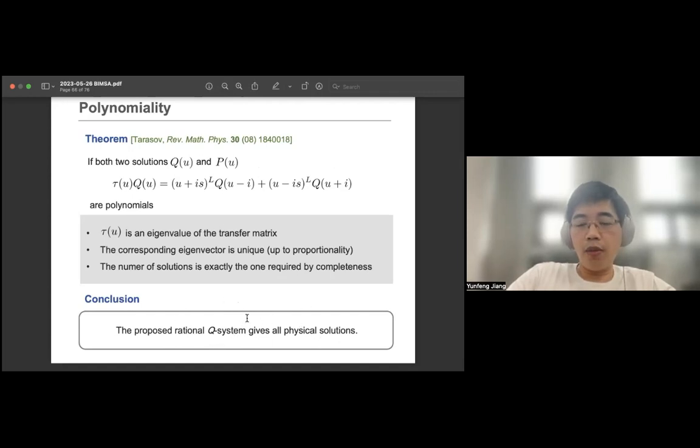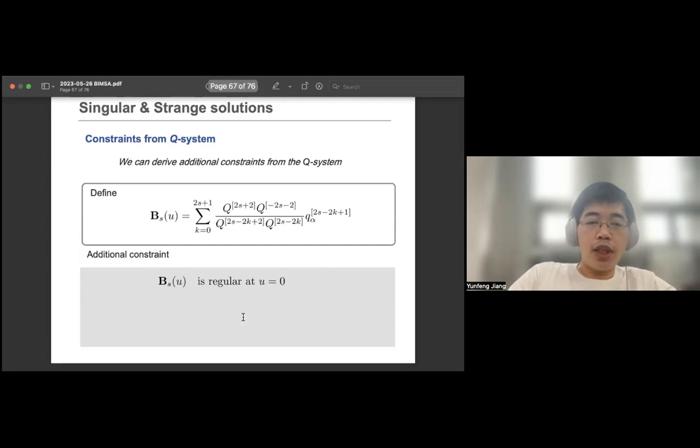This is also backed up by our numerical checks. So this is the conclusion. And as we said before, what we can do now is start from the Q system and see what kind of extra conditions we need to impose for the singular solutions.